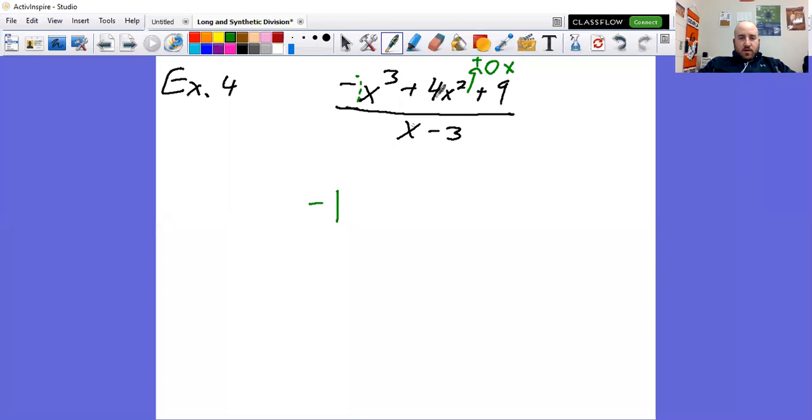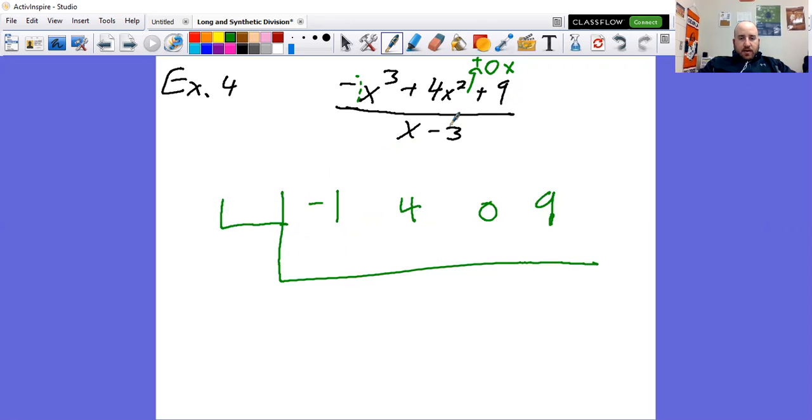So -1, 4, 0x, you got to include that 0, 0, 9. Okay, draw my L. Let's make it look a little more like an L. There we go. Okay, draw my L, put my box, and look at my constant of my divisor, which is -3. So I'm going to use the opposite sign. So I'm going to use +3.